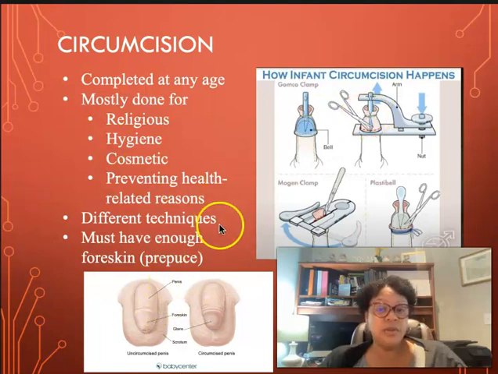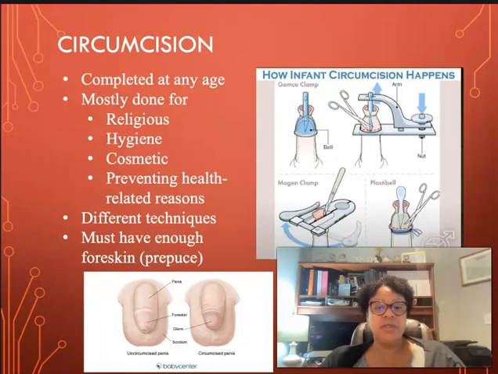Anyhow, circumcisions are done usually without any anesthesia. Usually infants will have sucrose and a pacifier, and some physicians will still numb the area. If I was a parent, I would say you are going to numb the area, just for the comfort of the child. After circumcision, you do need to make sure that the child is able to void.